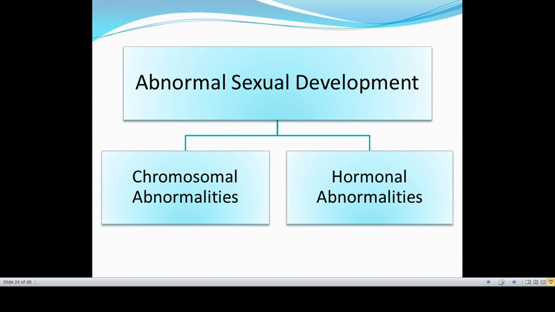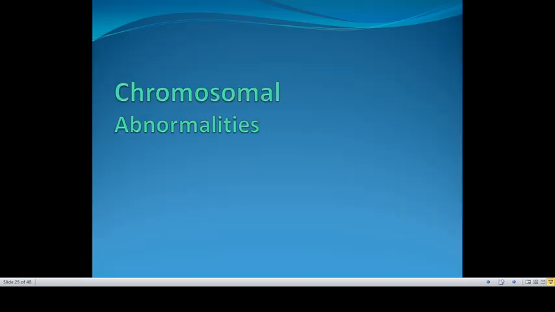Abnormal sexual development can be classified into two major types: chromosomal abnormalities and hormonal abnormalities. Let's first study the chromosomal abnormalities.